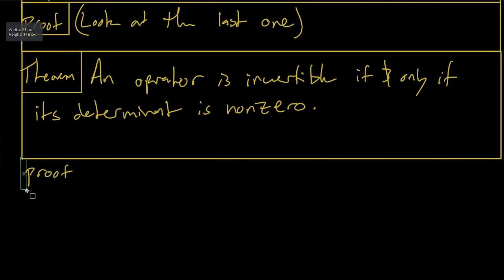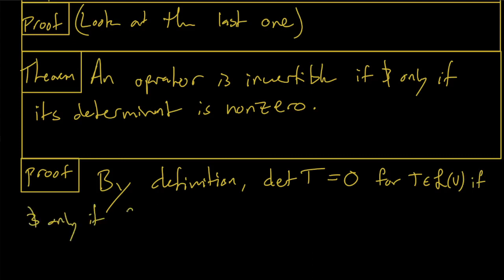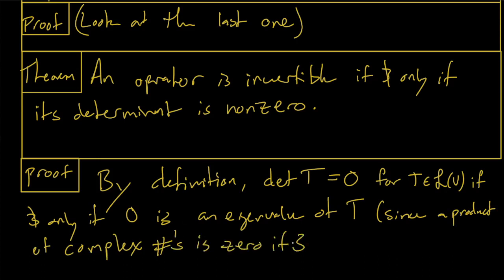Why? By definition, the determinant of an operator T in L(V) is 0 if and only if 0 is an eigenvalue of T, since a product of complex numbers is 0 if and only if one of them is.